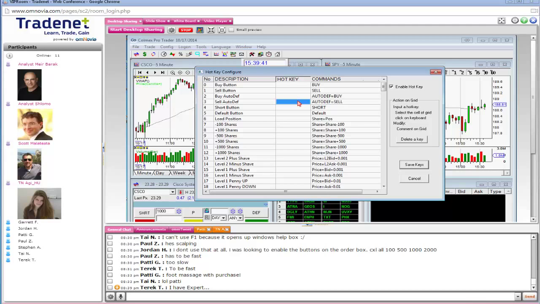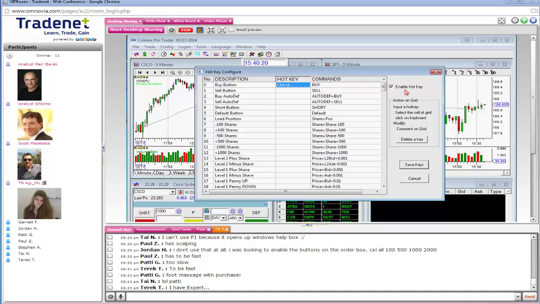For instance, left click the field next to buy button. All right, so here's the buy button. This is the first command in the hotkeys configuration. If I'm going to hold down Control plus A, all right, I have here Control plus A appearing on the configuration. Now, just make sure you are going to tick here the box enable hotkey, and you can do it with me together.